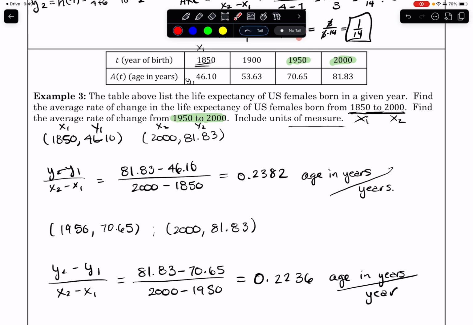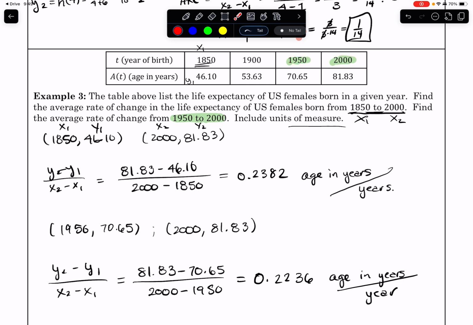Now, why is it so important to be able to look at the rate of change? Well, because in this situation, we can see that since the rate of change is not consistent in two different intervals, then we know that this correlation of the age in years that a woman born in the United States lives is not a straight line. So notice that it's a lot higher when we look from 1850 to 2000 than from 1950 to 2000.